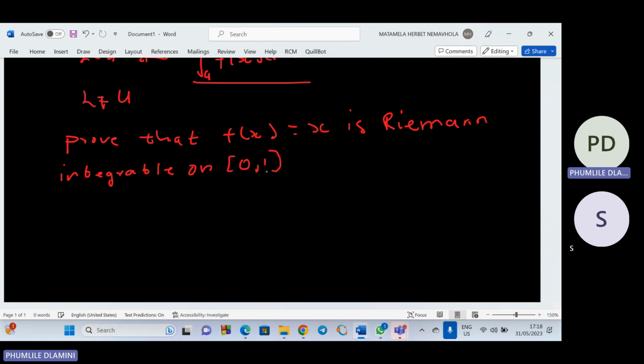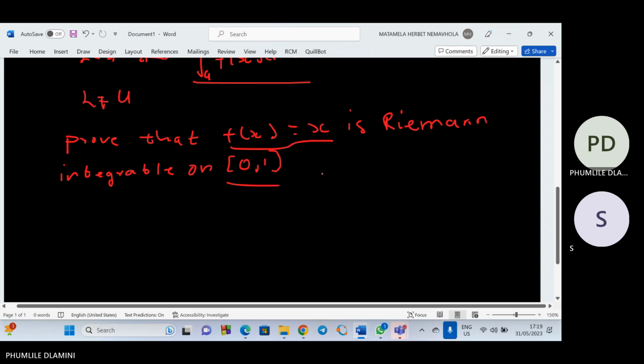So here in this question, we are given a function and we are also given an interval. So we have to prove that this function is Riemann integrable on 0 to 1.